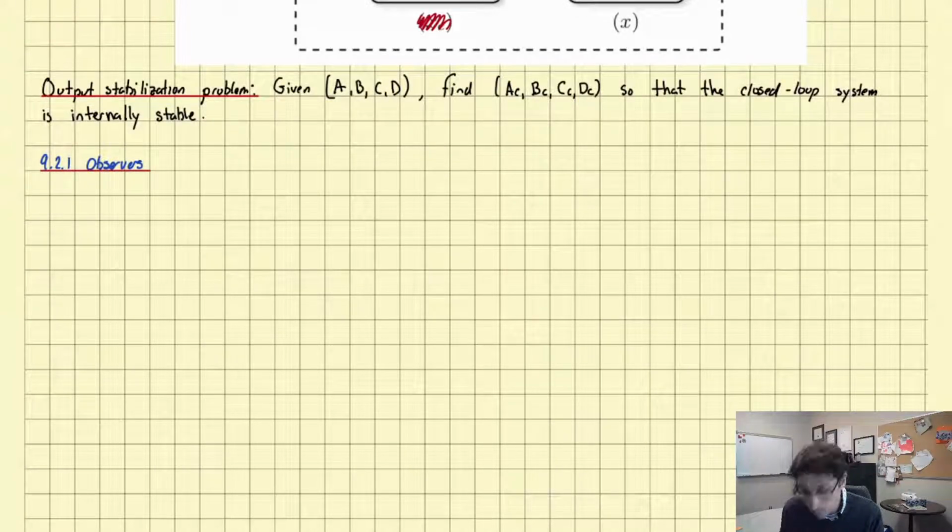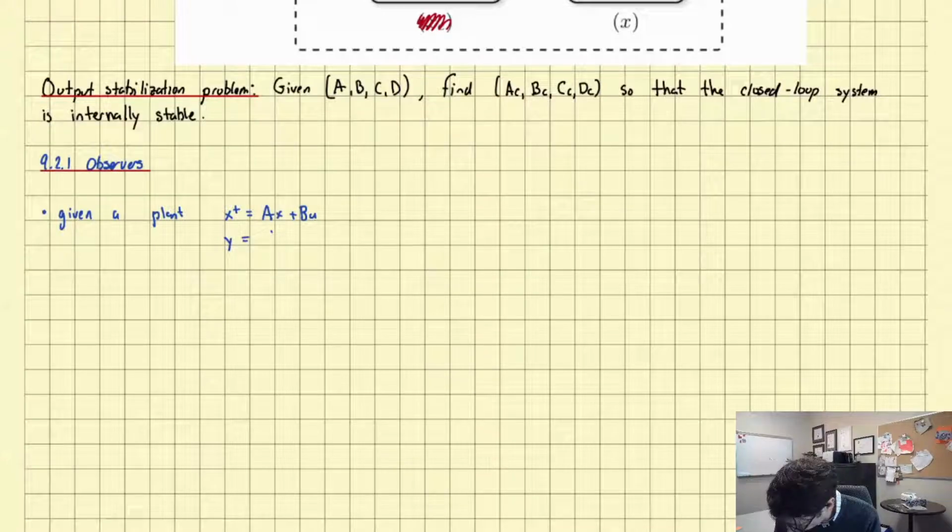Okay, so we're given a plant. And what we want to do is design a state estimator for it. And we're going to call this an observer.